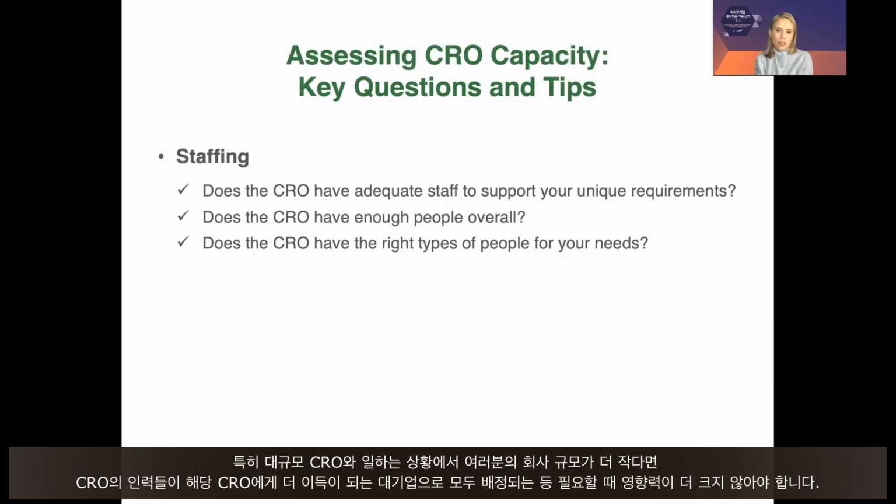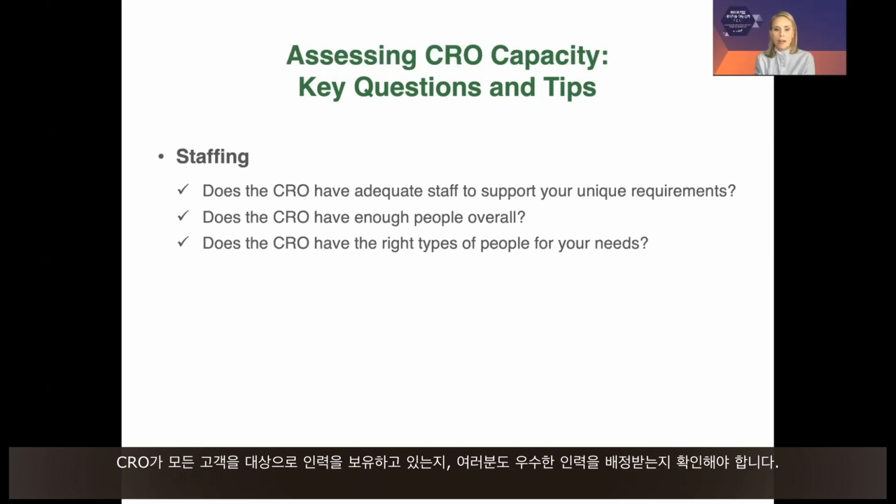Especially if you're working with a larger CRO and you might be a smaller company, you want to ensure that their staff isn't going to go to all the larger companies that are probably bringing in more business for the CRO and therefore have more power over demanding staff when needed. You want to ensure that they're staffed for everyone who comes in the door of the CRO, and that you're going to get quality people as well.